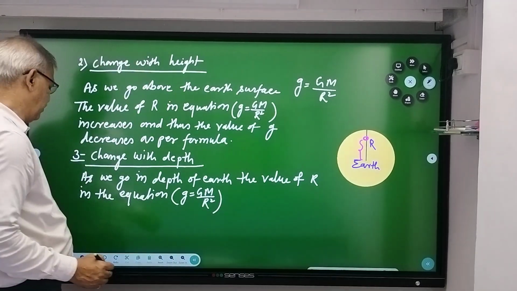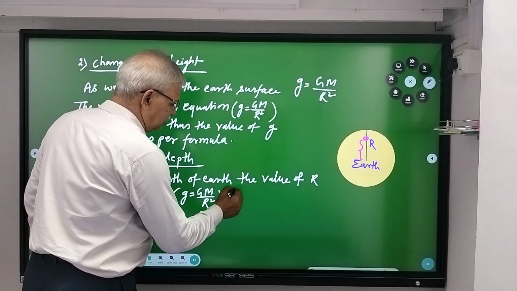The value of R in the equation decreases.